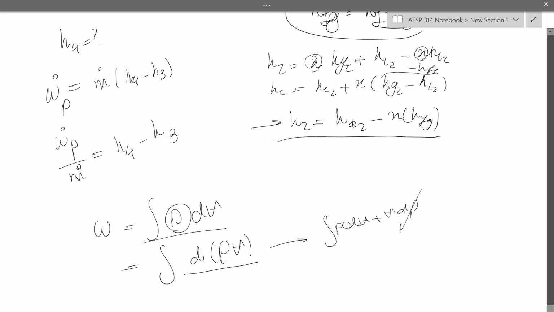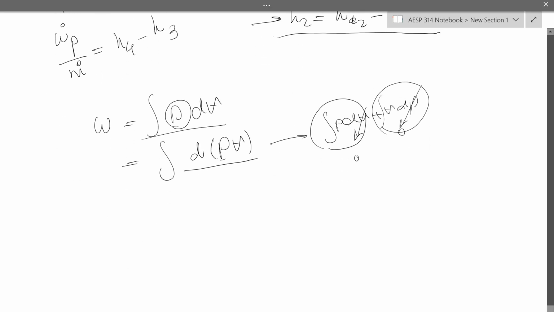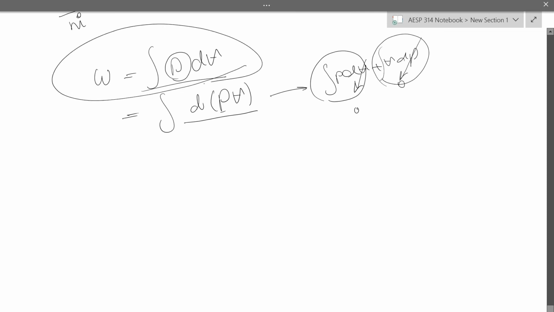When dP is 0, the integral is the integral of P dV. When dV is 0, it's the integral of V dP. So keep that in mind. As Drew said, the formula we have is the integral of P dV.